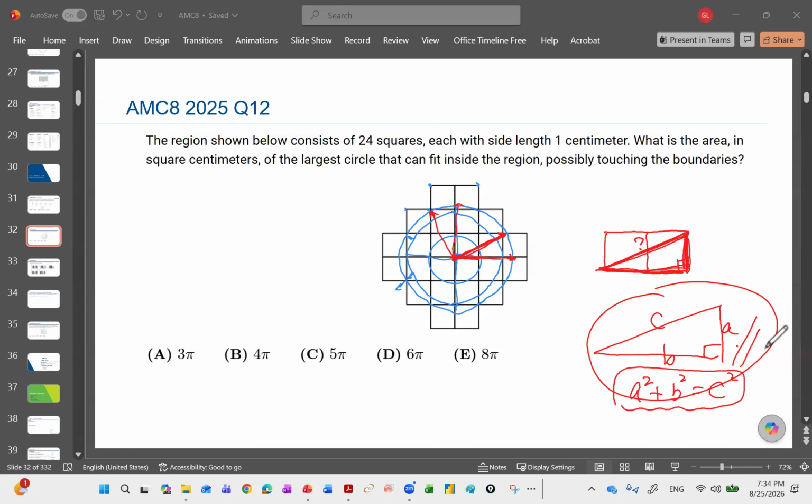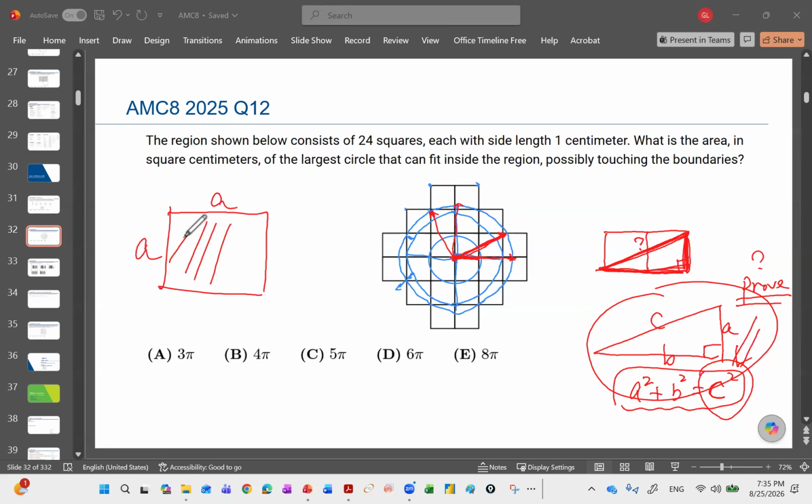Does anyone know how to prove this? Whenever you see C square, B square, A square, we can use squares. If this side is A, this area is A square. I've used a different color here.